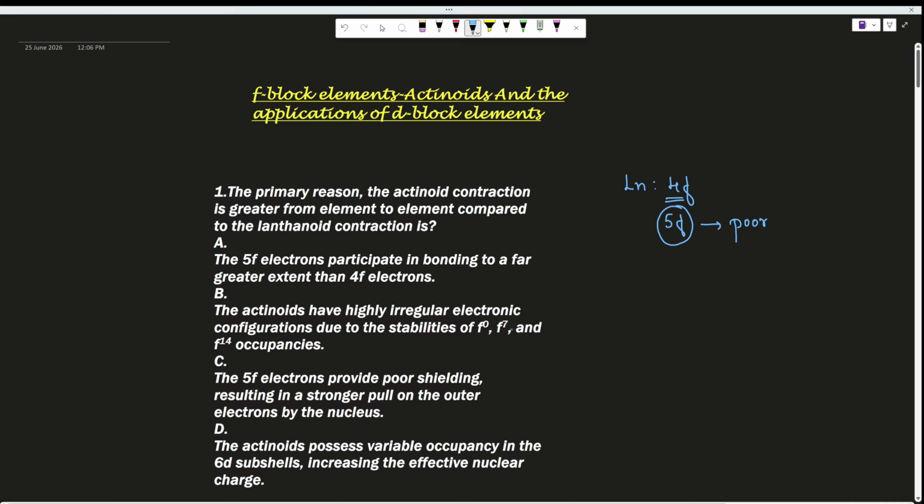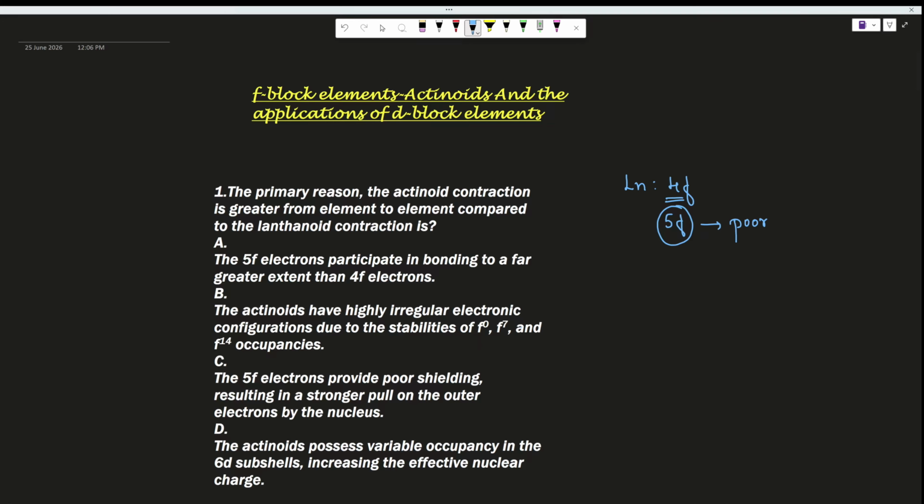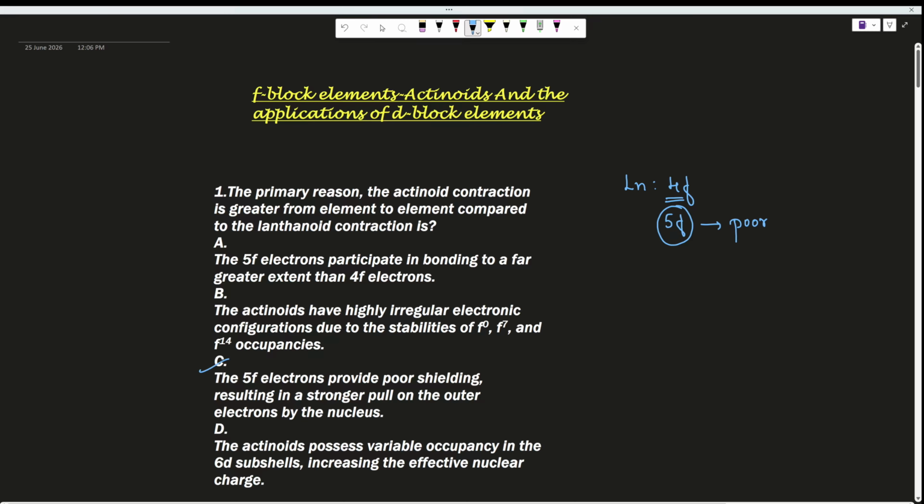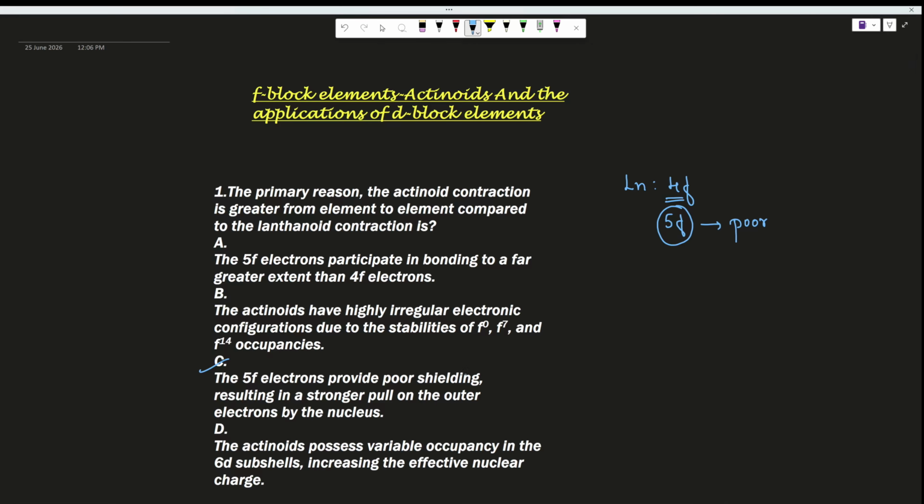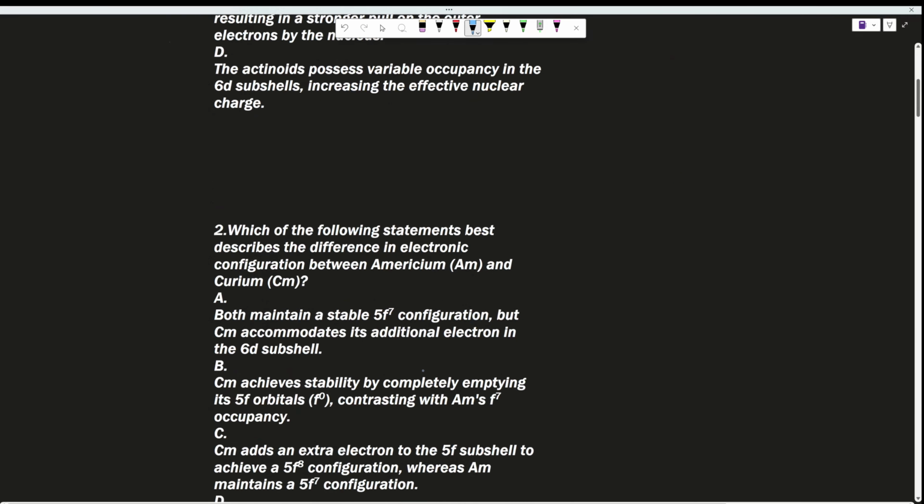If the shielding is poorer, the nucleus will have a stronger pull on the outer electrons. So due to poor shielding, the actinoid contraction becomes greater. That means the 5f electrons provide poor shielding, resulting in a stronger pull on the outer electrons by the nucleus. Okay, next.